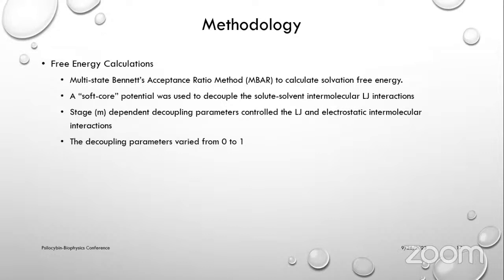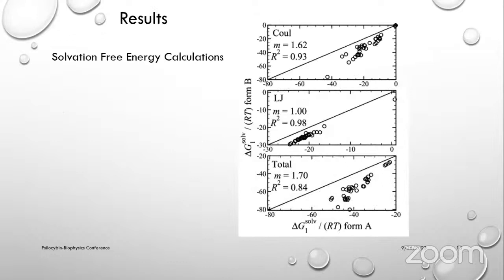The state-dependent decoupling parameter controlled the LJ and the electrostatic intermolecular interactions. The decoupling parameter varied from 0 to 1: 0 implies there is no interaction, and 1 implies there is full interaction.